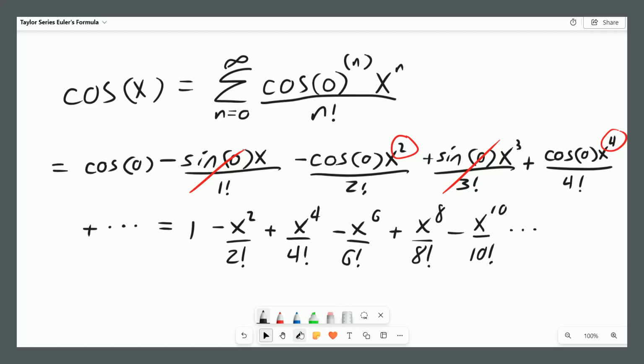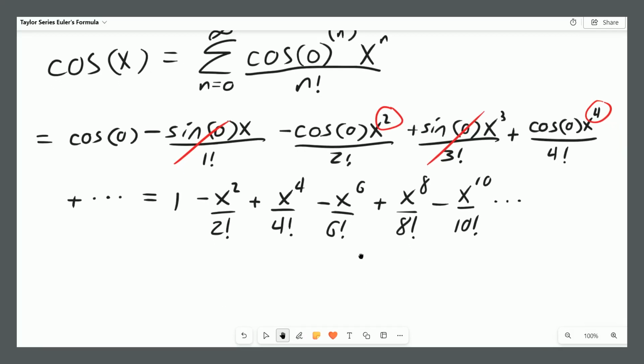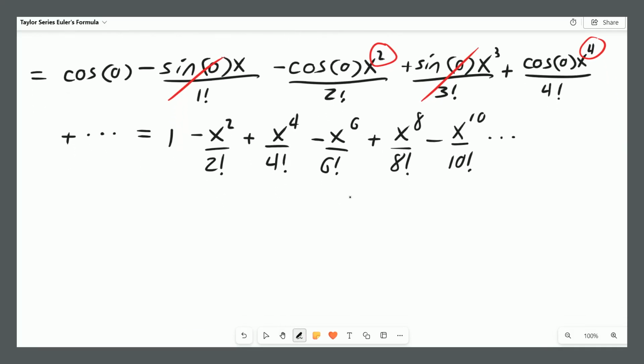Now, what will that look like in summation notation? So we have a sum, and here's how we specify that we're dealing with even numbers. We're going to write k equals 0 to infinity, and we're also alternating between positive 1 and negative 1.